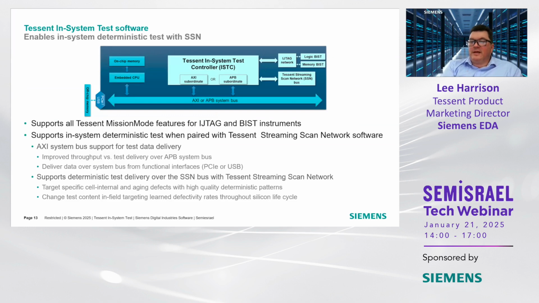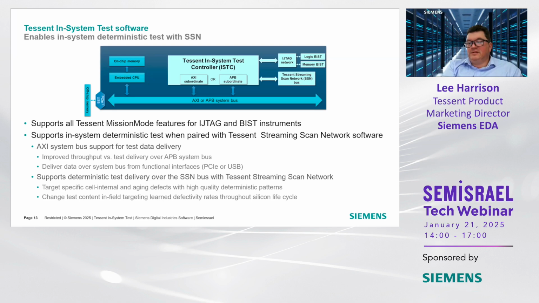And then using that SSN infrastructure, we can move to the Tessent In-System Test product that was released back in November. So Tessent In-System Test is essentially a superset of Mission Mode, and it supports all of the Mission Mode content that I talked about in the previous slides, but with the addition of being able to deliver full deterministic in-system tests. So full ATPG coupled with the SSN network that I just talked about.